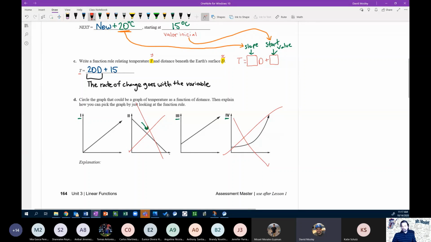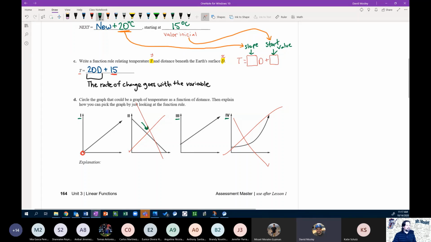So I'm going to go back in the chat to what Eunice said. She says it's rule 3 because it's the only one that is going up and doesn't start at 0. It looks like it's starting at 15. Our rule starts at 15, not at 0. This is 0. We can't start at 0. This graph is starting at 0. It's increasing, which is correct, but it starts too low.